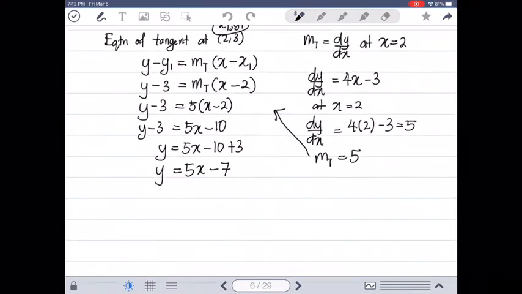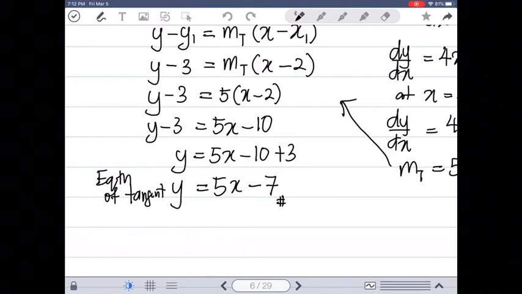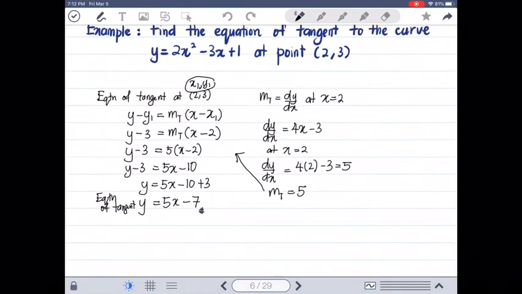Okay, so basically this is the equation of the tangent. If I want to illustrate this, possibly your curve, this is a smile curve.